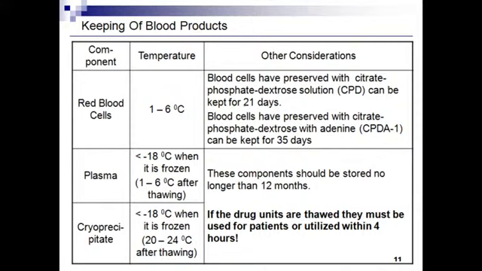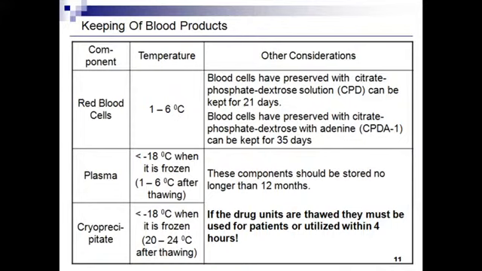Blood cells preserved with citrate phosphate dextrose solution, abbreviation CPD, synonym Glugicil, can be kept for 21 days. If the blood cells are preserved with CPDA1 solution, they can be kept for 35 days.